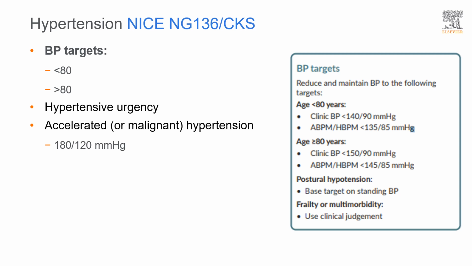Take 5 off the top, 5 off the bottom. If they are 80 years and older, then the clinic blood pressure needs to be below 150 over 90, right? And the ABPM, HBPM should be below 145 over 85.